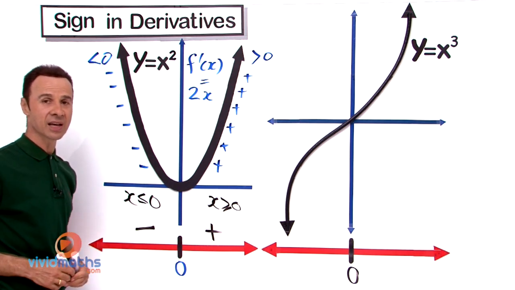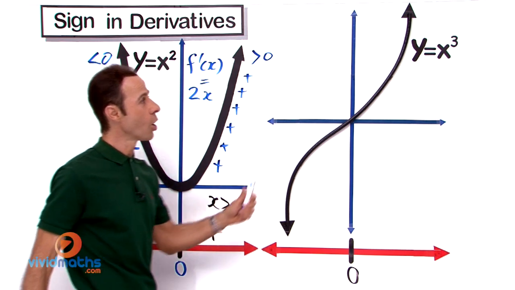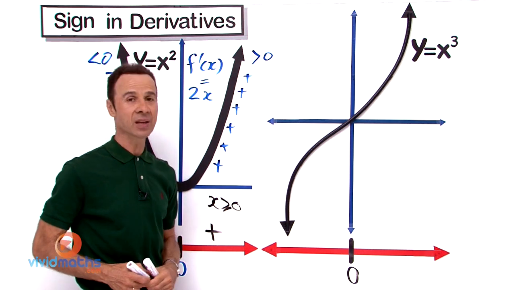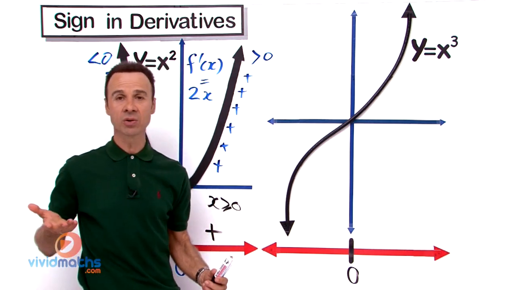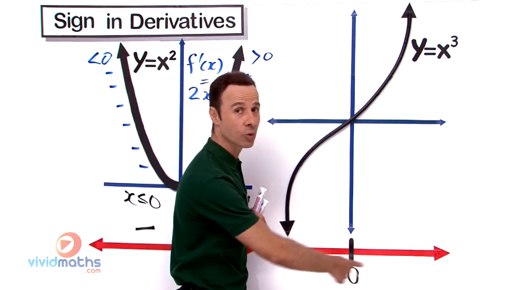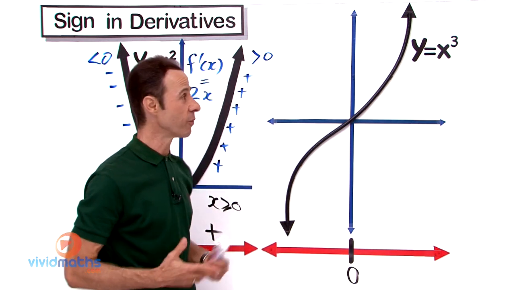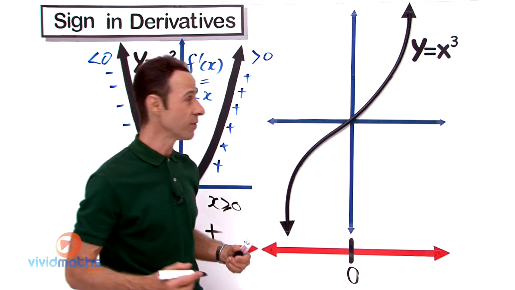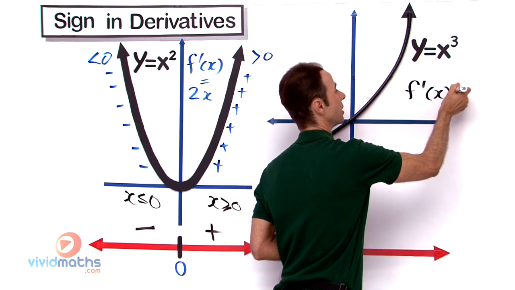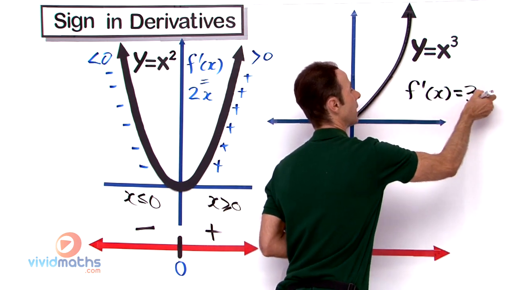Now let's go over to the next diagram we have here. We have a cubic curve. It's the function y equals x cubed. So is this rising or decreasing? What is this doing? How do we represent it on the sign diagram? Well, first of all, let's get the derivative. So f prime of x is equal to 3x squared.